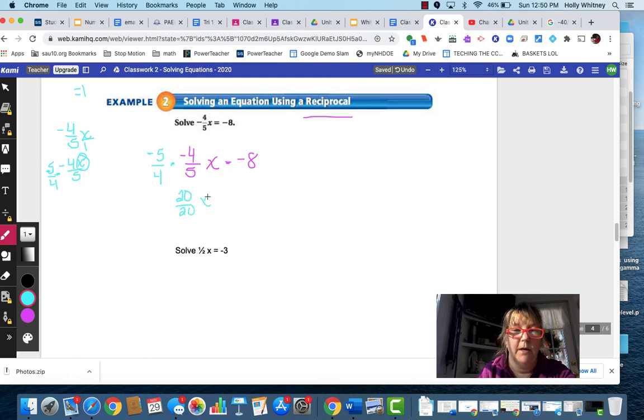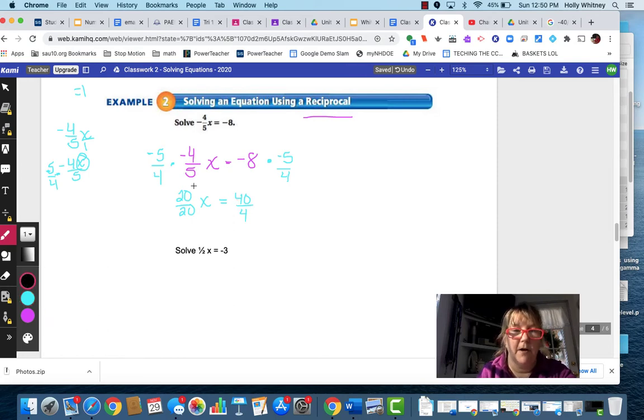So I'd end up with 20x. Remember, if I multiply on one side, I have to multiply on the other side. This would be equal to 8 times 5 is 40 fourths.